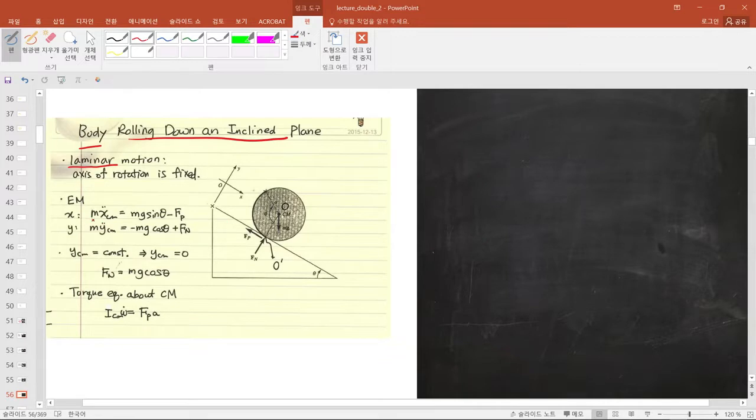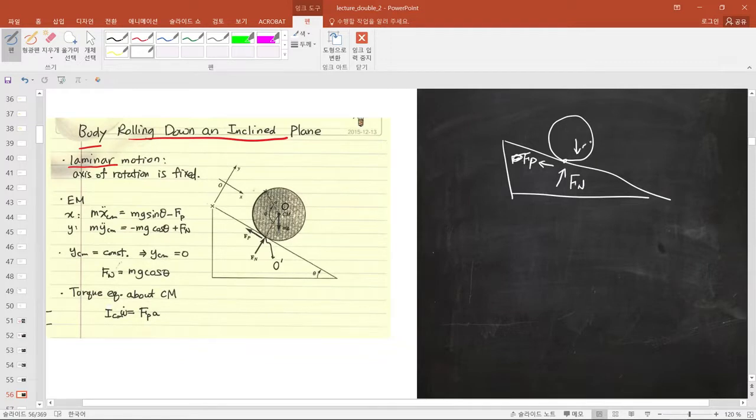First is a free body diagram. So you have an inclined plane. Here is the instantaneous frictional force, and of course here is the normal force, and here is mg.